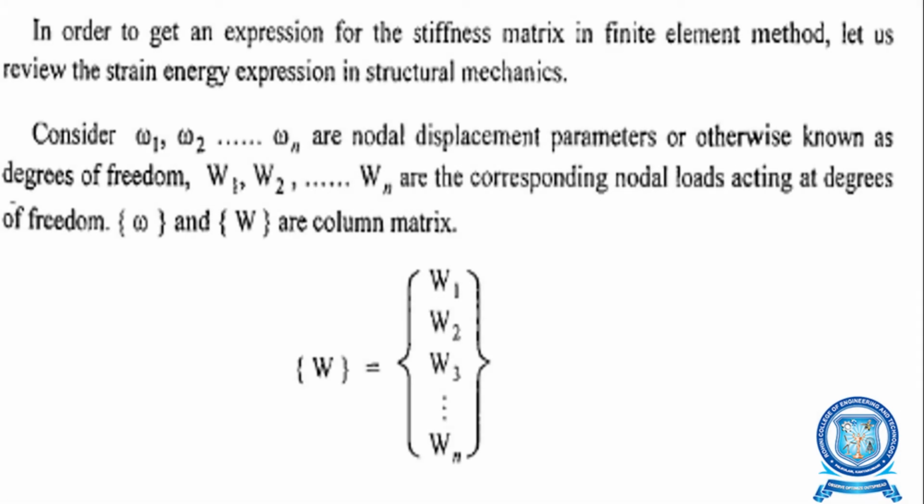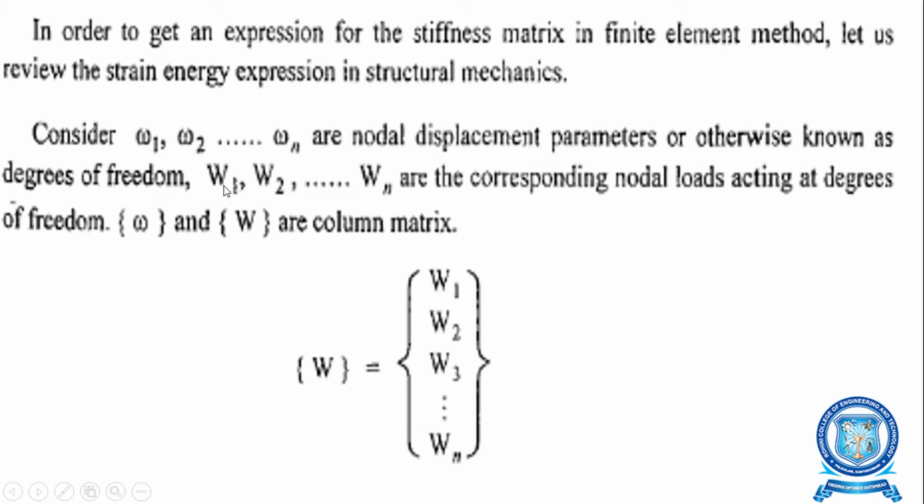Let us review the strain energy expression in structural mechanics. We consider omega 1, omega 2, up to omega n as nodal displacements, otherwise known as the degrees of freedom.